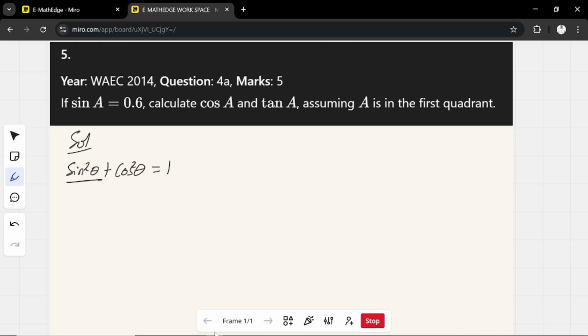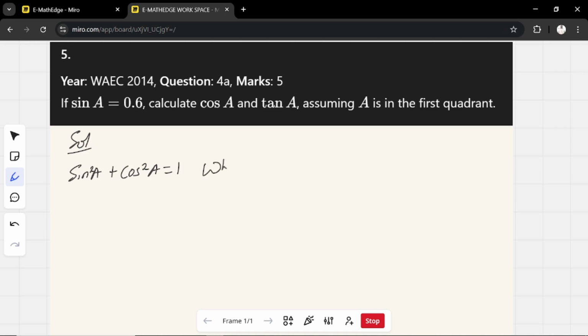Why? Because the value of sine is provided and we were asked to find cos theta. But in this case, it's A and not theta. So let's write it out as sine squared A plus cos squared A, which is equal to 1.